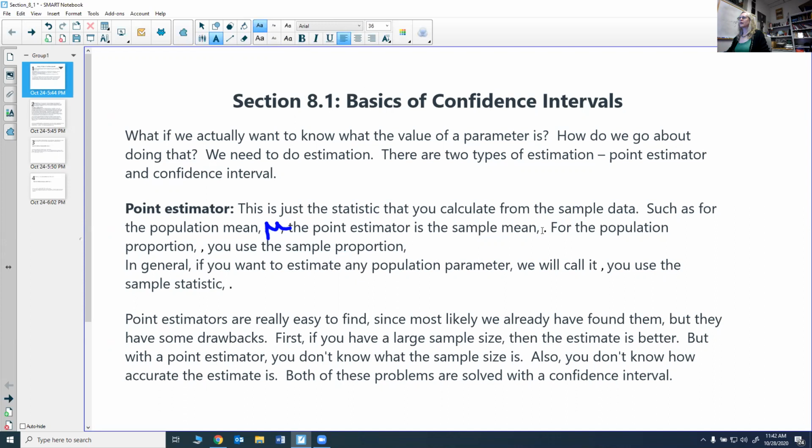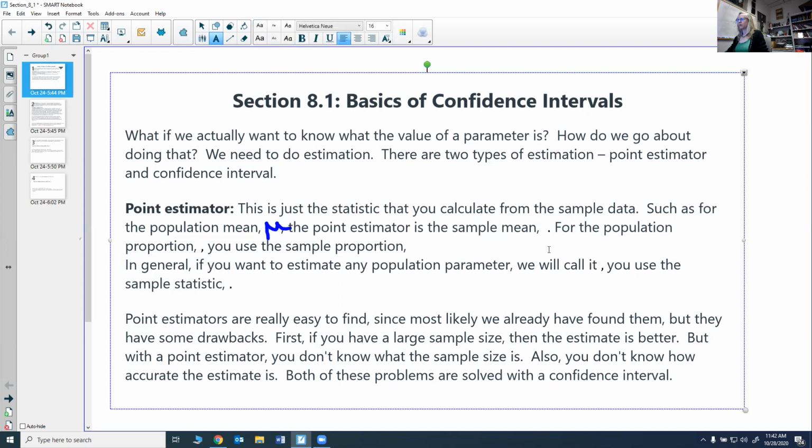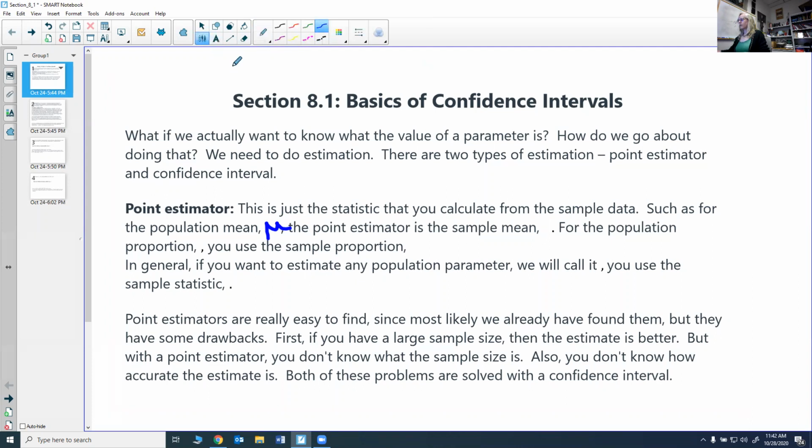So we use the sample mean as the point estimator. We want to find out about the big population, and to do that, we find out about a little tiny sample. We take our sample mean, the symbol for that is X bar. That's our point estimator. So the X bar, that sample mean, estimates what that population mean value is.